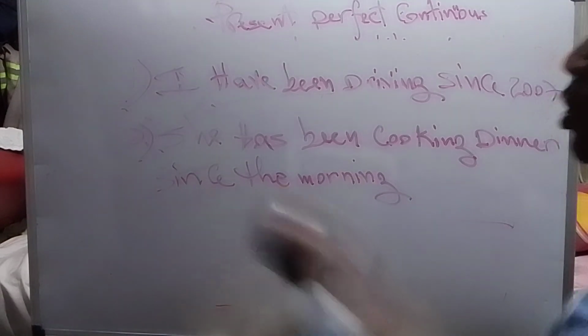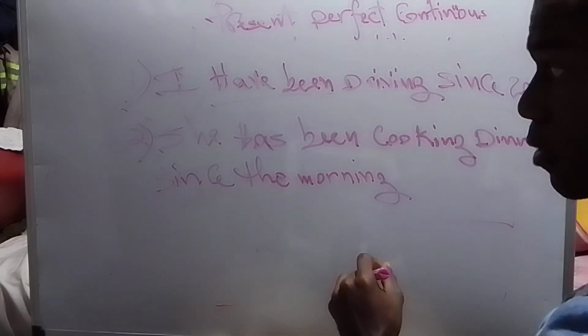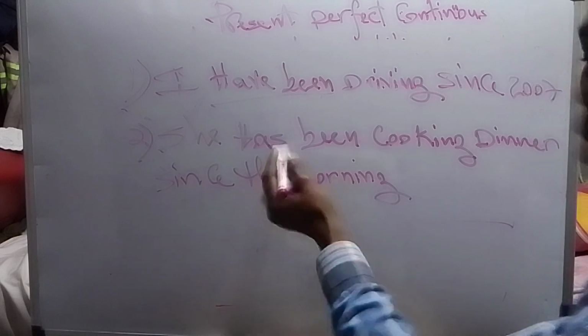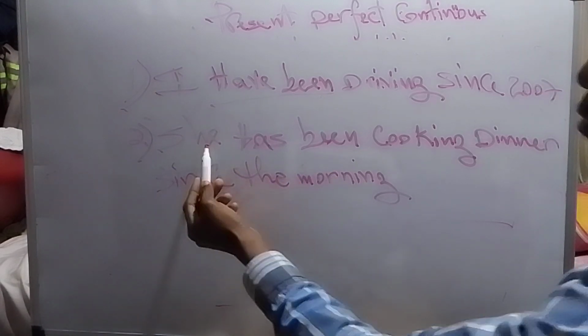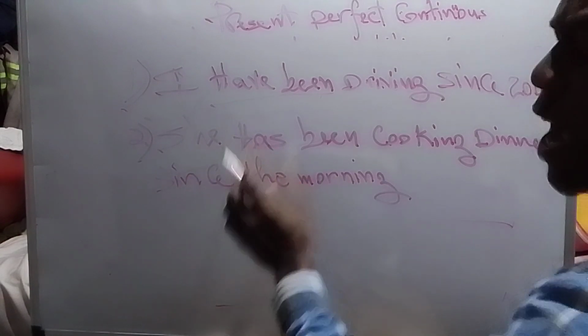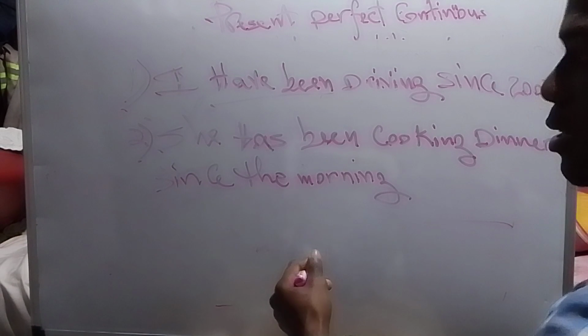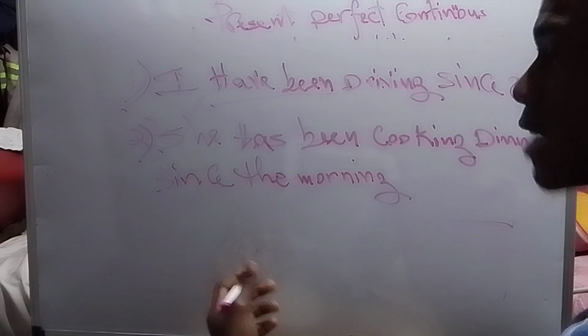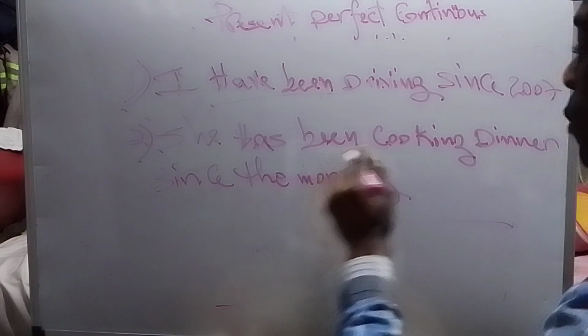Since the morning. Has been. Do you see it right here? Has been is the third person. For the third person of the verb to have in English, you have to use has. He, she, it has been cooking dinner since the morning.